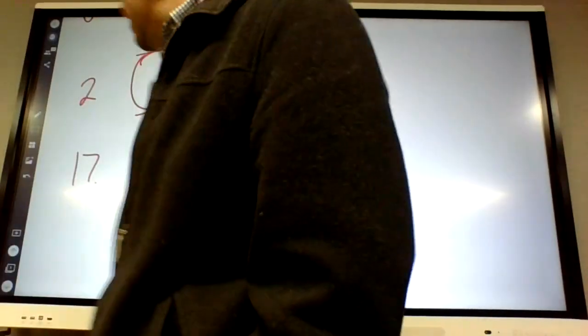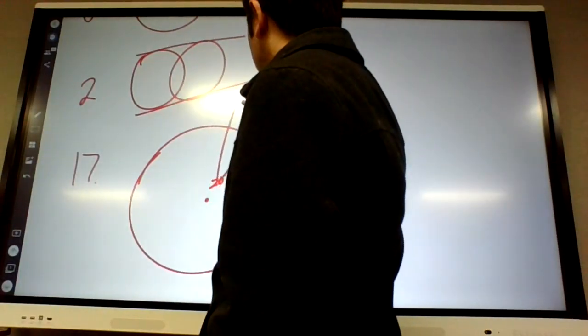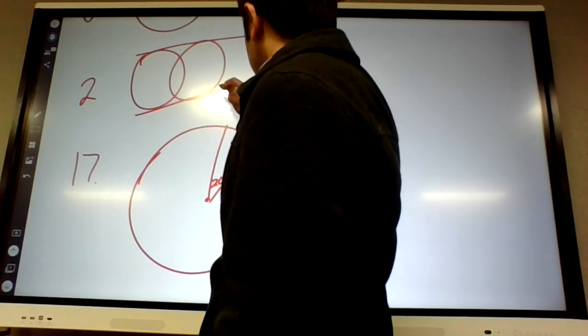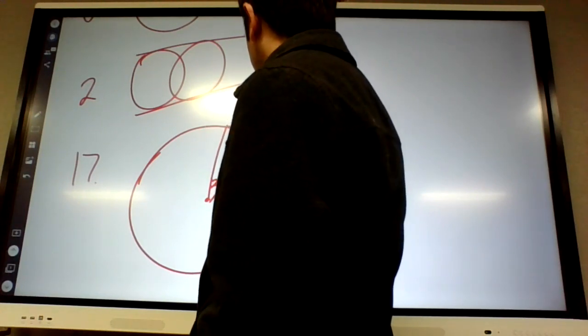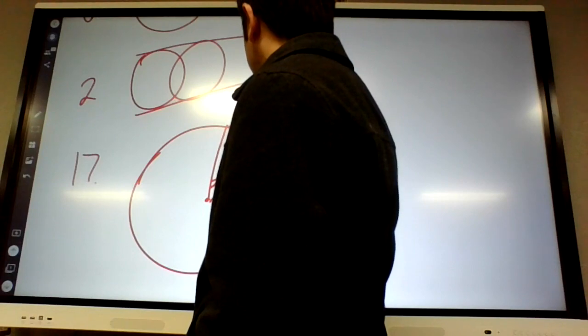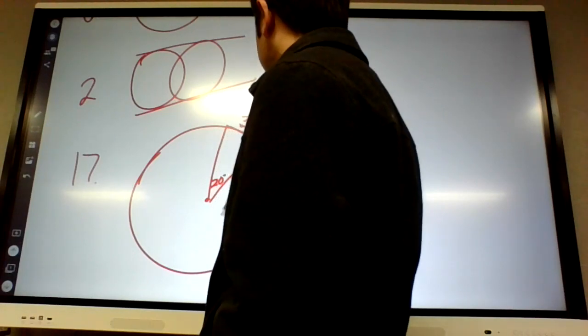Find the circle's radius and area of the sector.